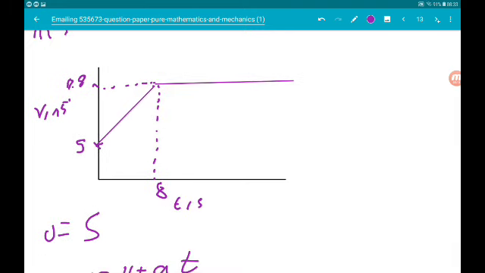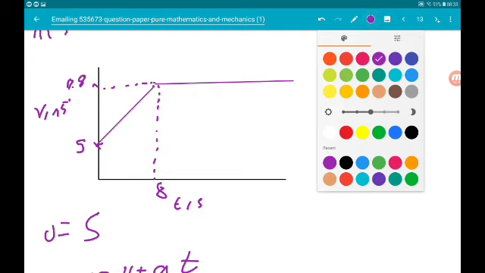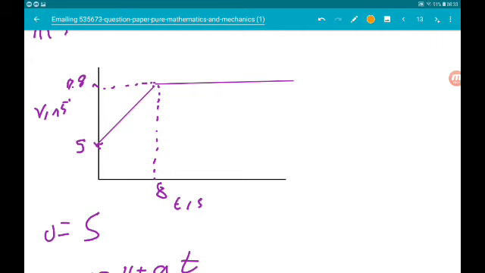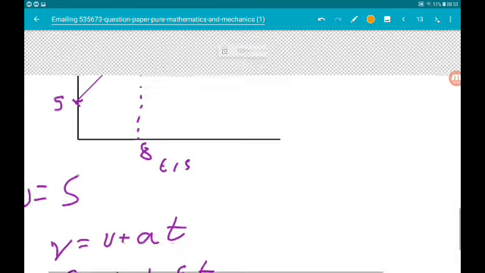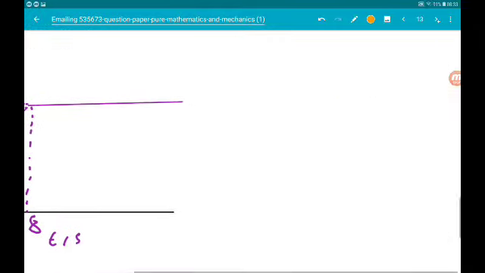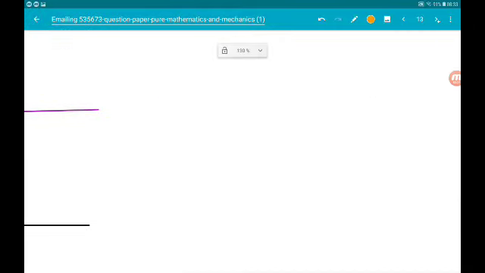distance travelled is area under the graph. So we need to work out 2 areas.